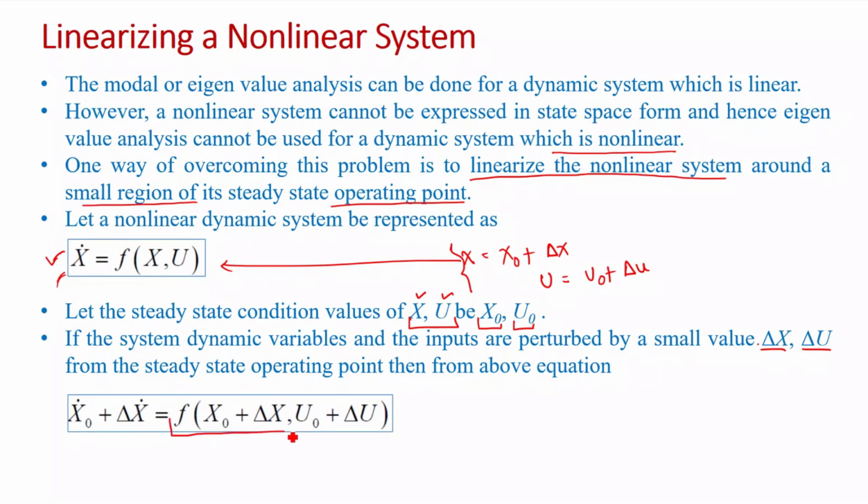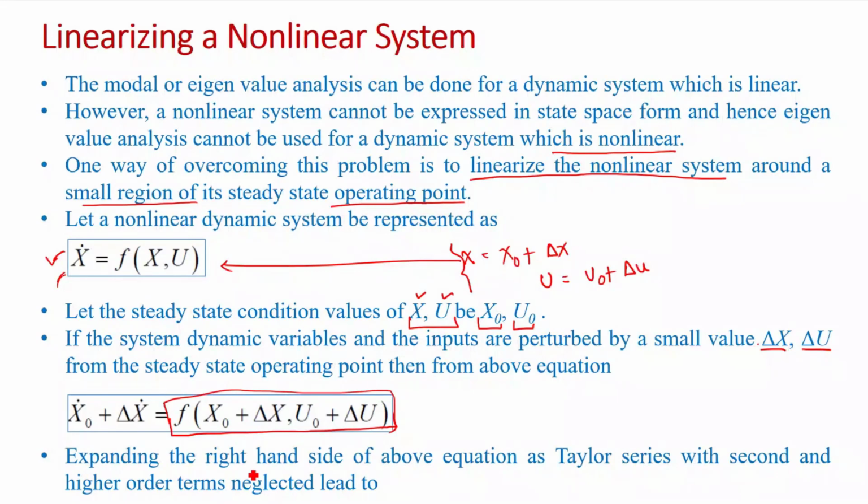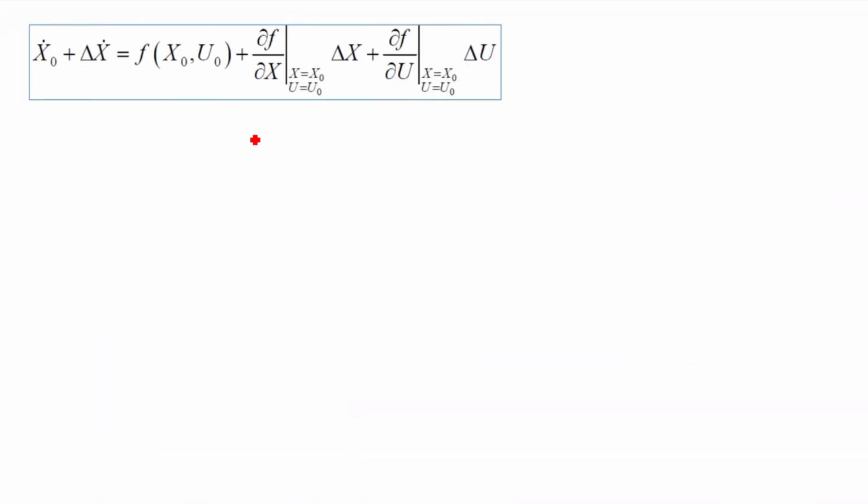This is a function of x and u, so we expand the right hand side using the Taylor series expansion, and if we neglect the second and higher order terms, the right hand side will look like f of x0, u0 plus delta f by delta x evaluated at x equal to x0, u equal to u0, into delta x, plus delta f by delta u evaluated at x equal to x0, u equal to u0, into delta u, right?